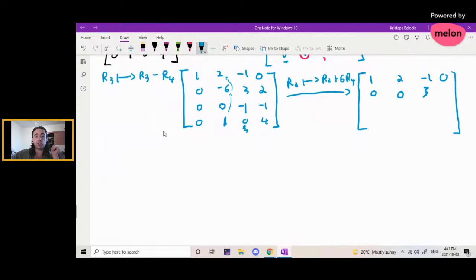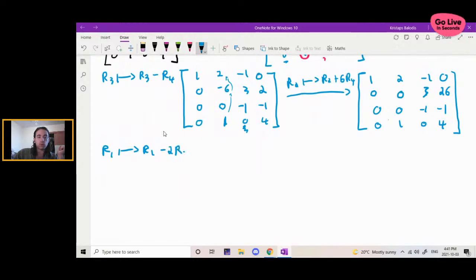And then 6 times 4 is 24, plus 2 is 26. And then 0, 0, minus 1, 0, 1, 0, 4.